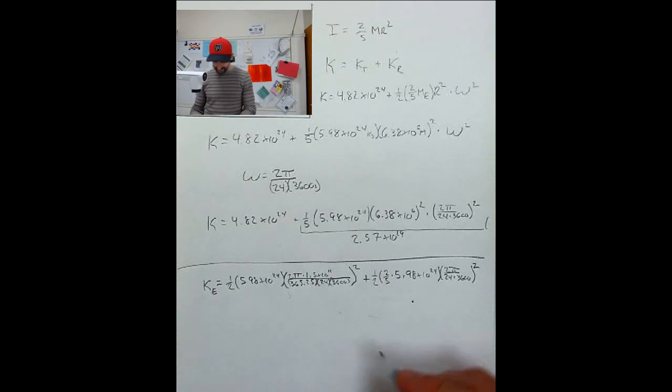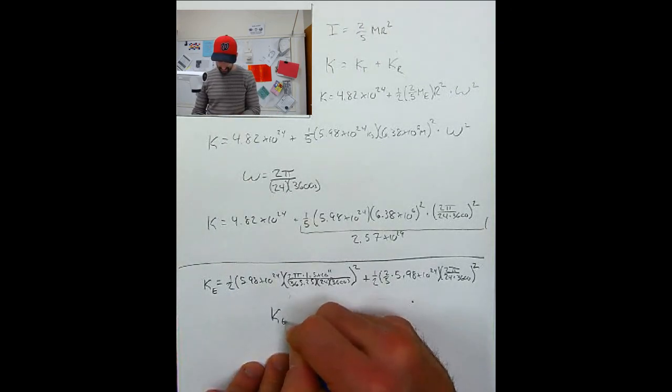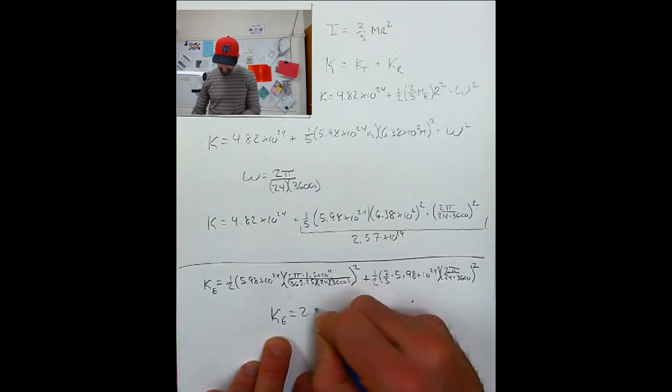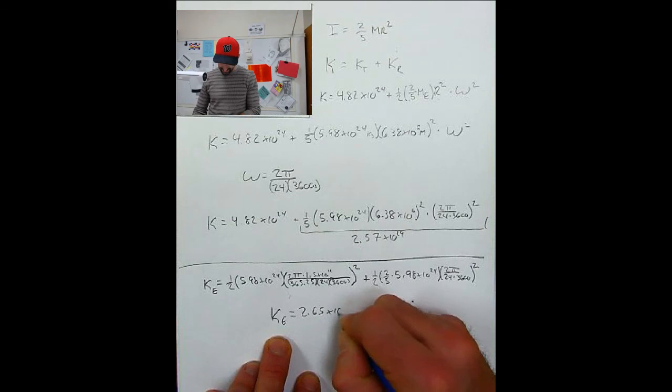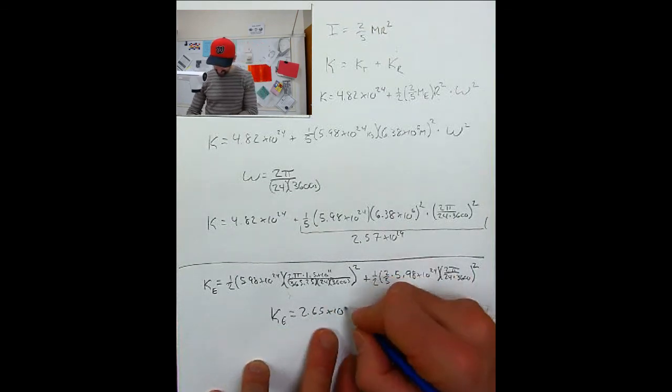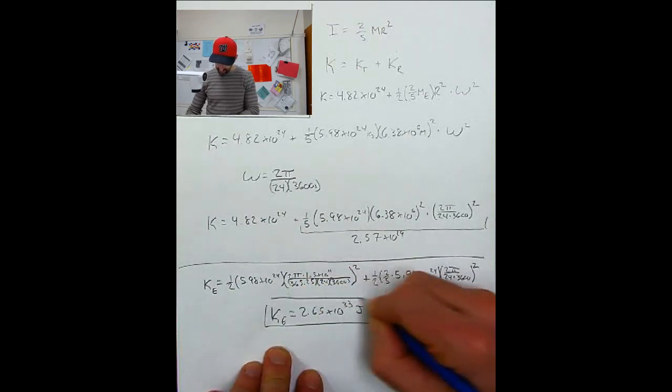Is 2.65. That sounds better. Kinetic energy of the Earth rotating around the sun is 2.65 times 10 to the 33rd joules. That was a long way to go.